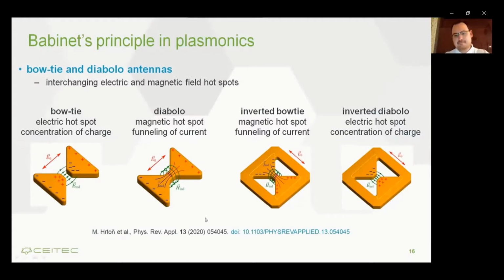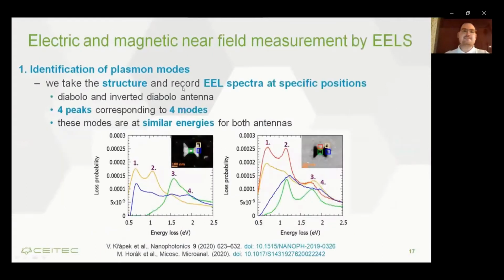So what you have to do when you want to image electric and magnetic near fields in a plasmonic antenna by EELS? First, you have to identify the plasmon modes in your structure. So first we take the structure, in our case the diabolo and inverted diabolo, and record EELS spectra at specific positions which are marked in the figure by colored squares.